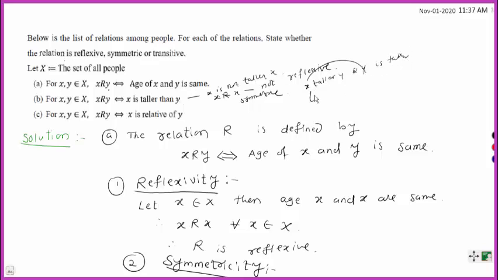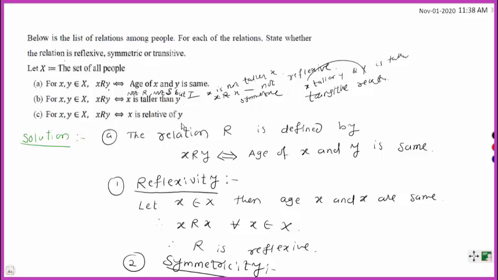So this is a transitive relation. So this is not reflexive, not symmetric, but transitive.